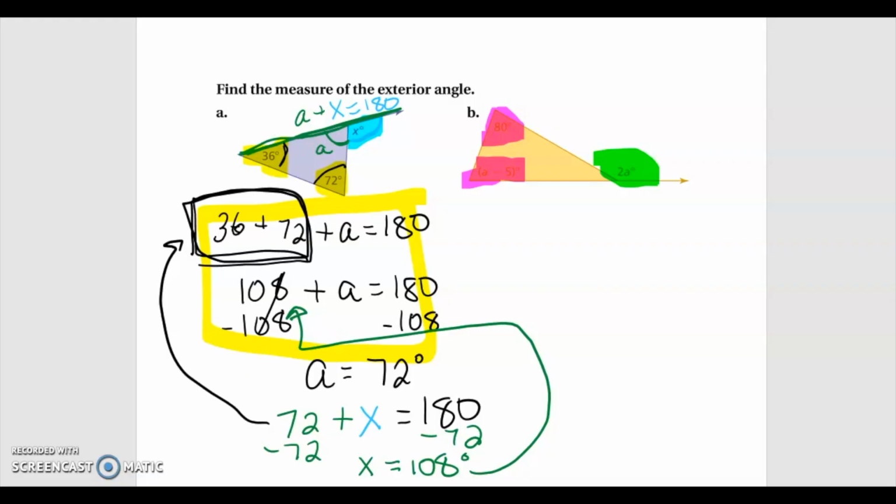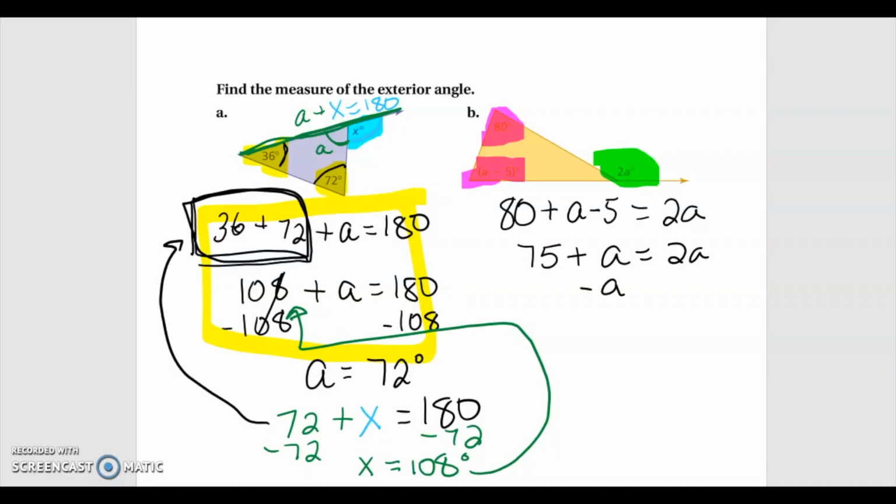So that means that 80 plus a minus 5, this angle here is a minus 5, equals 2a. So now I can solve for basically all of the angles in the diagram. So I have 75 plus a equals 2a.